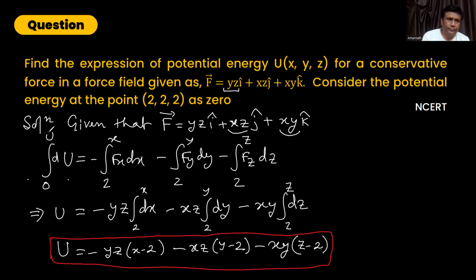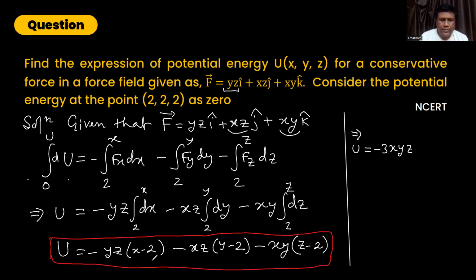How? U is equal to, you see, here you are going to get xyz, here also xyz, here also xyz. It means you are going to get 3 times xyz.